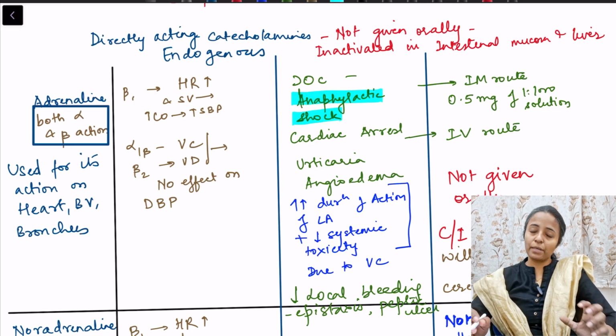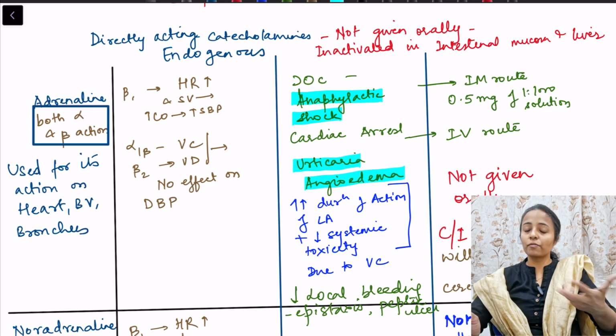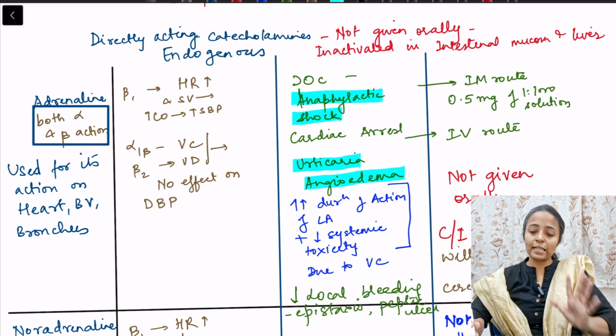Remember this, it is basically used in all kinds of allergies, anaphylactic shock. Apart from anaphylactic shock, urticaria and angioedema also occur. There is too much edema, and especially if laryngeal edema occurs, there will be blockage of respiration and the person can die. So adrenaline, when given in anaphylactic shock, is life-saving.